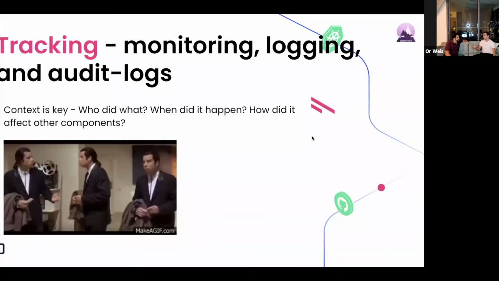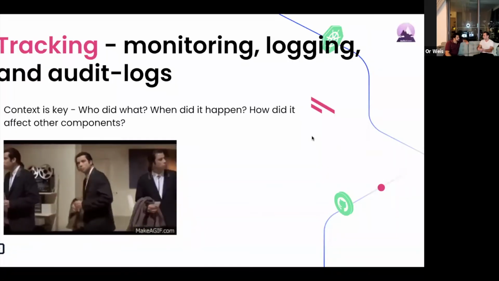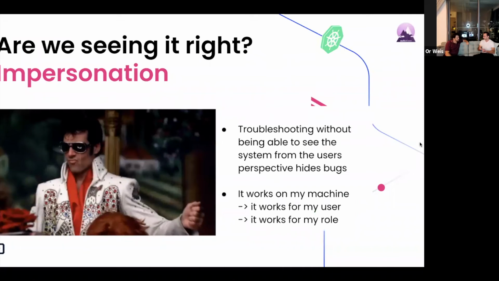So maybe I should clarify. Impersonation is the ability to see the system through the eyes of another user, not become another user or log in as another user, because that's a vulnerability. That's a security issue. It's like sometimes when you contact the support of some kind of service and they ask you, give me permission to become you for 1 second, just to see what you're experiencing. Exactly.